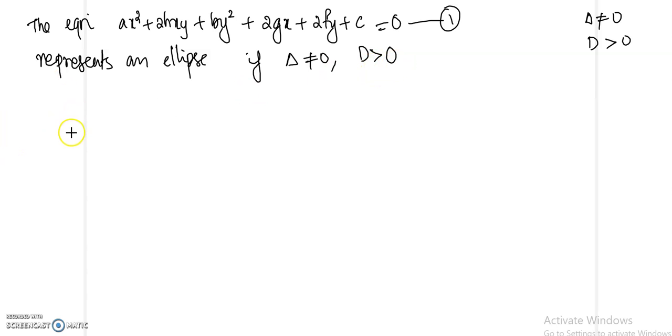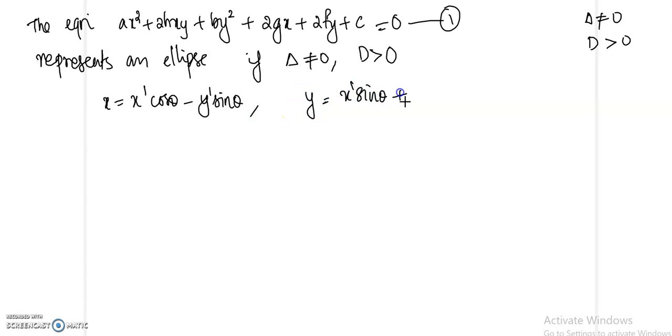So let us use the transformation. We will use the transformation x equal to x dash cos theta minus y dash sin theta and y equal to x dash sin theta plus y dash cos theta.